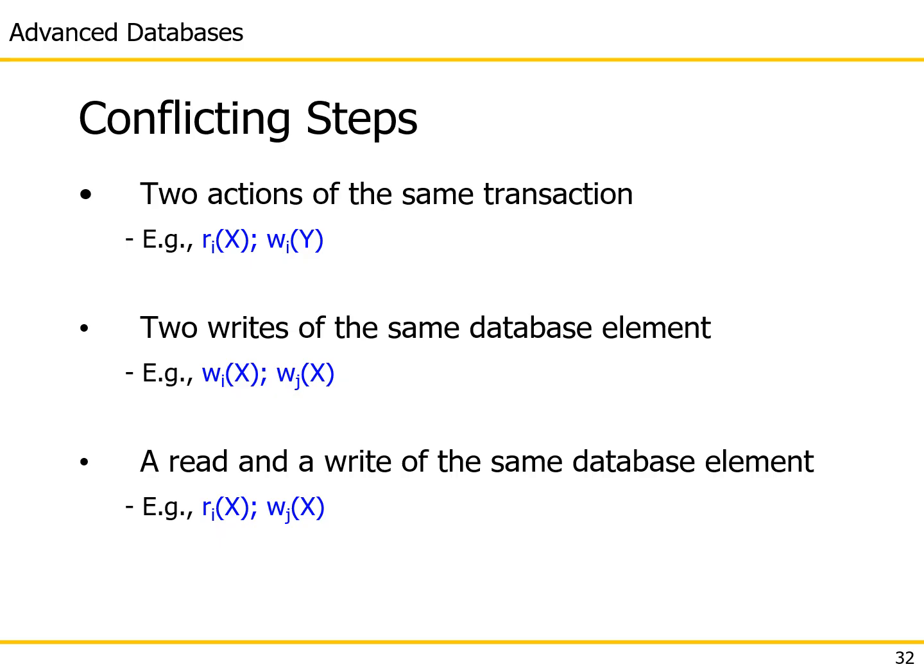Now the third point is in read and write of the same database element. So transaction I is reading X and transaction J is writing X. So if you allow I to run first, then you're reading the old value of X. And then J will write the new value of X. If you reverse them, J will write the new value for X, and now I, when it runs, it will read the new value of X, not the old value.